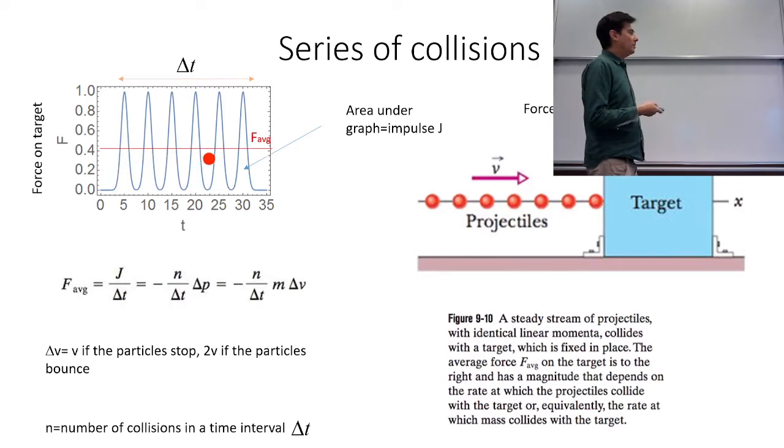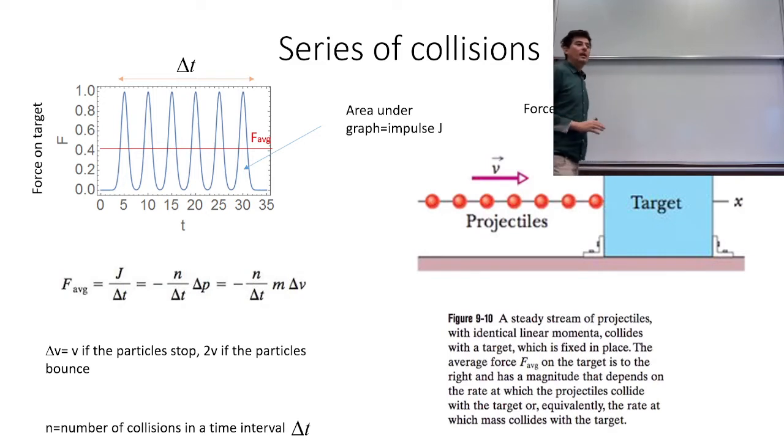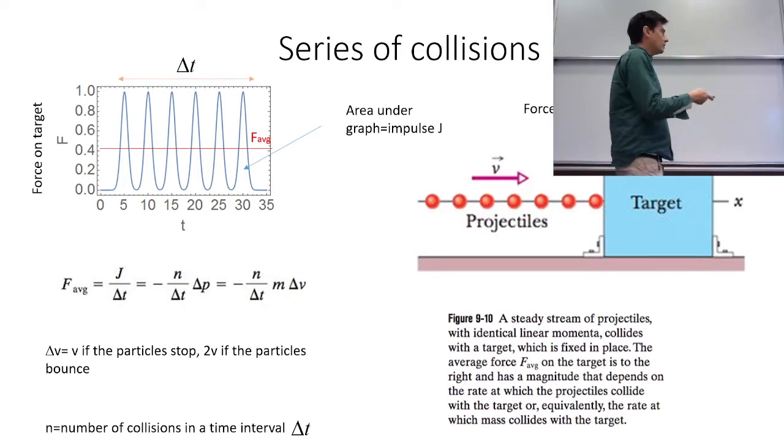So you could either integrate it, or you could simply measure the total momentum change of these particles, because of Newton's third law, these forces are equal and opposite. So you could either calculate the area under the graph, which is quite difficult, or you could just look at the momentum change of the projectile. And so that's the easier way to do it.